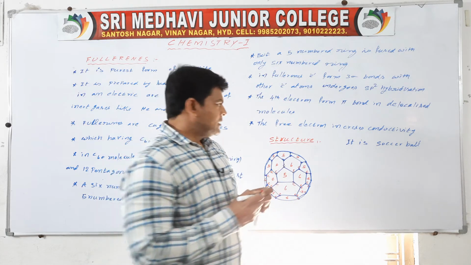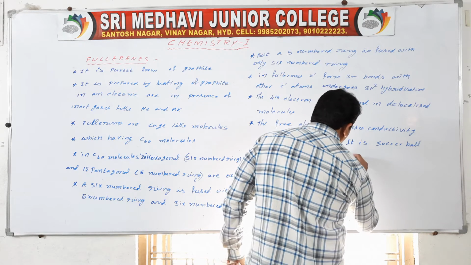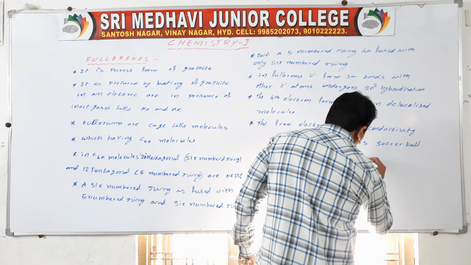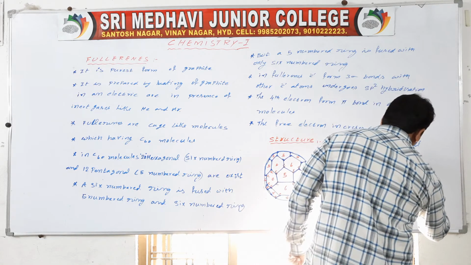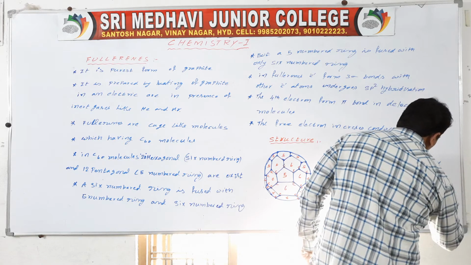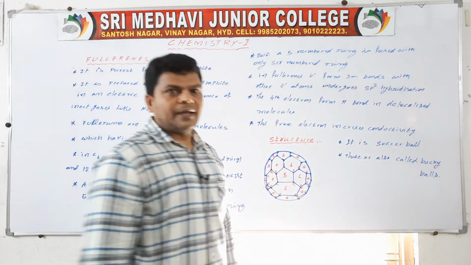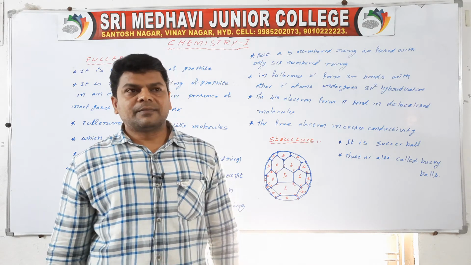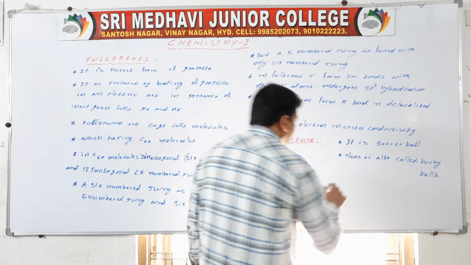Okay. These are also called Buckyballs. Each molecule has 60 vertices.